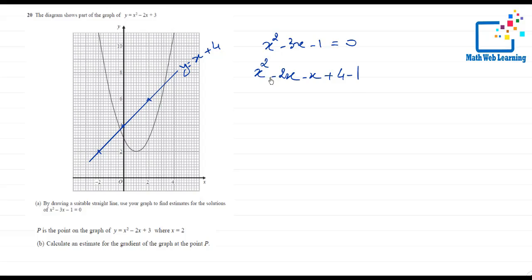That will give you 3. Let's recap. The minus 3x is made up of minus 2x and minus x. The minus 1 is made up of plus 3, which is made up of 4 minus 1.